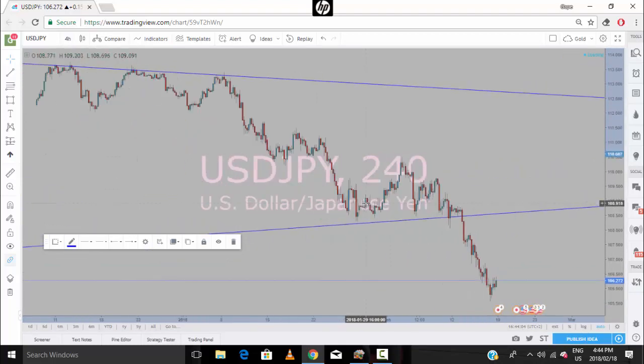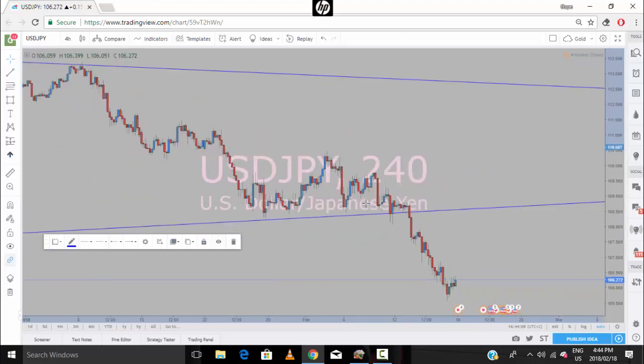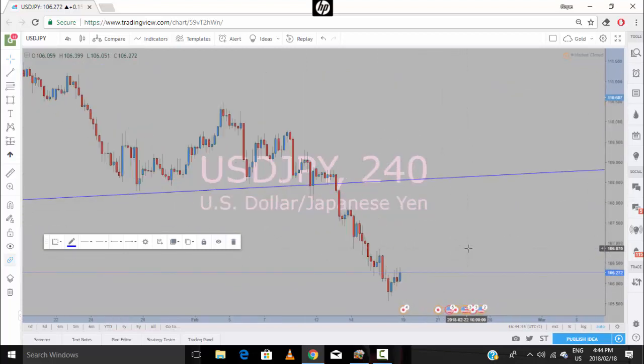This is the US dollar JPY chart. We still couldn't break, so we finally broke through. We're probably getting a retracement before we continue downward momentum.